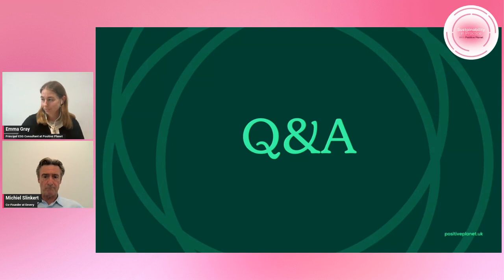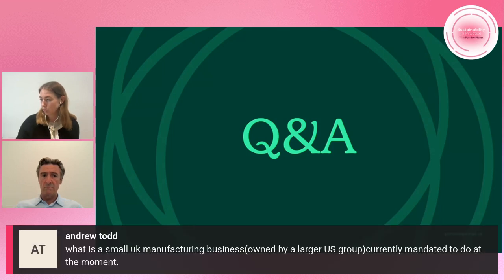Yeah. Perfect. And then Andrew Todd, so what is a small UK manufacturing business owned by a larger US group currently mandated to do at the moment? So again, we'd have to look more specifically into your business, certain things of employee numbers, turnover. If you're asking this from a CSRD linked point of view, you may not be required to actually disclose from a mandatory point of view yet, although there is some regulations coming down the line.